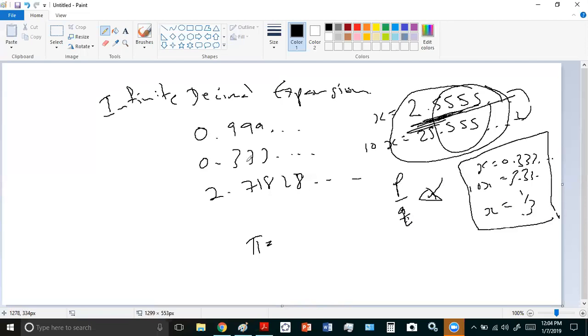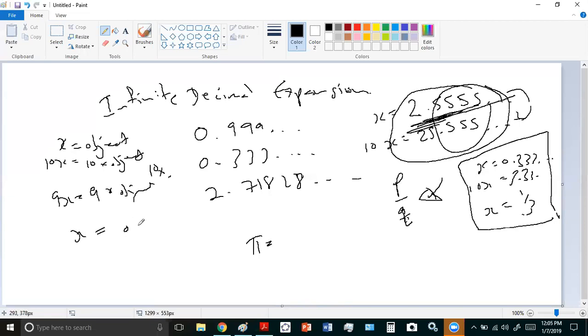It's not true. And I've created many videos where I've shown you that what you put in there is what you must get out in this supposed 10x proof. Because if you multiply this by 10, like that, object, and then you subtract them, you get 9x, and this will be 9 times object, which means x is equal to object.